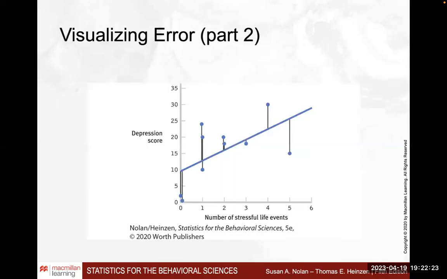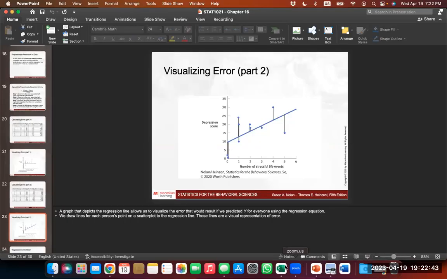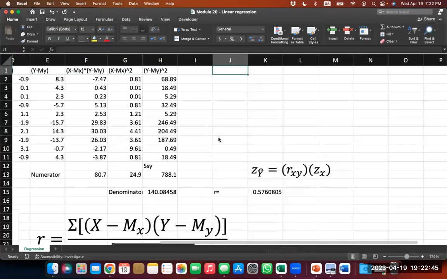And this is now what our regression error is. So this is basically the distance from the regression line to the individual point. It's the so-called residual. The residual basically gives you an idea about this distance, how much better your prediction got.